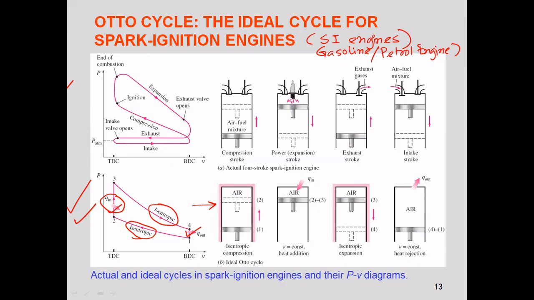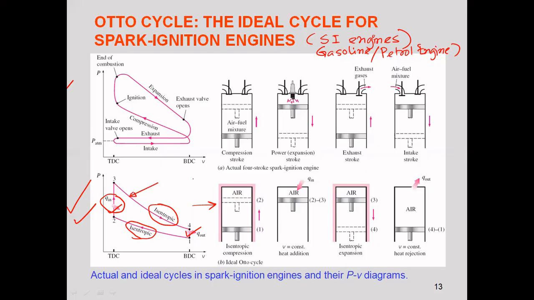3 to 4 is again an isentropic process, and it is expansion. Expansion means pressure is reducing and volume is increasing. This is a constant entropy expansion process, so it is adiabatic and expansion is taking place. This is the process where we get the actual work output for this cycle, because this is a work producing cycle, the power cycle.